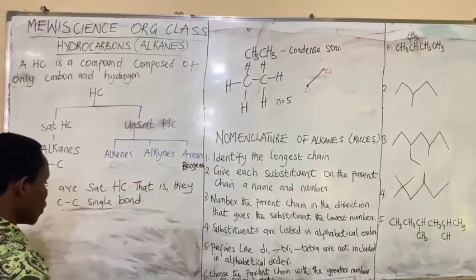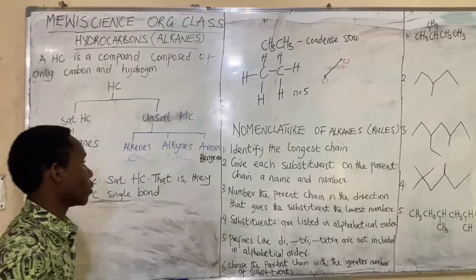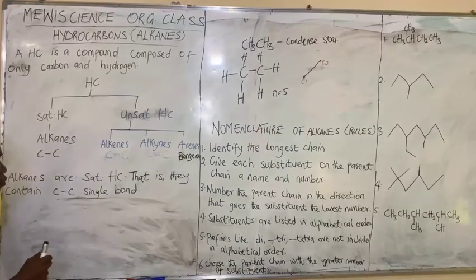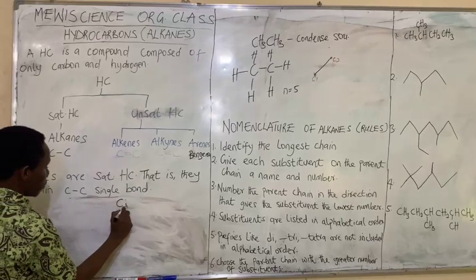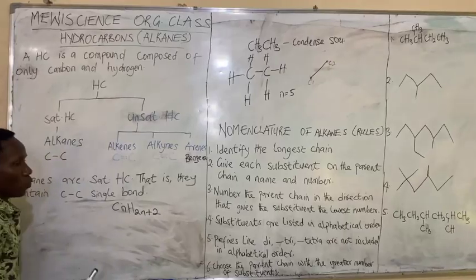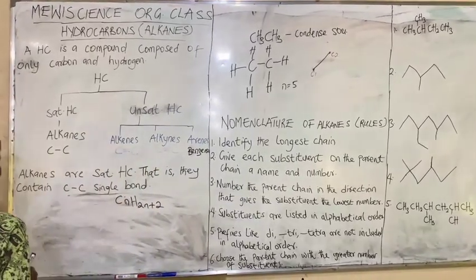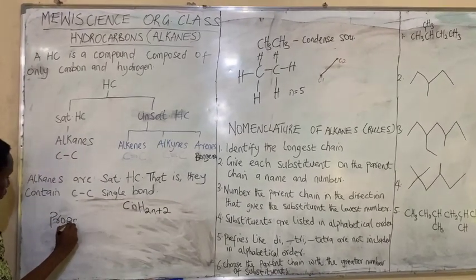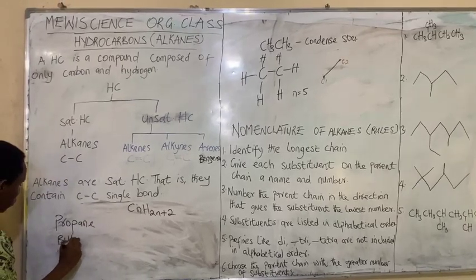Alright, since we've known the first alkane, we've also known the second alkane, let's move over toward the third alkane. If we use the same formula, CnH2n+2, we are going to end up getting all the other alkanes. We have propane, which is for 3 carbon. We have butane for 4 carbon.